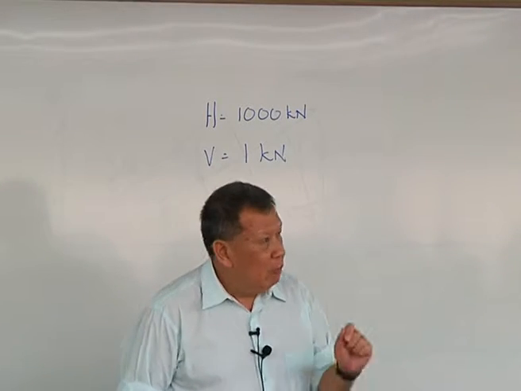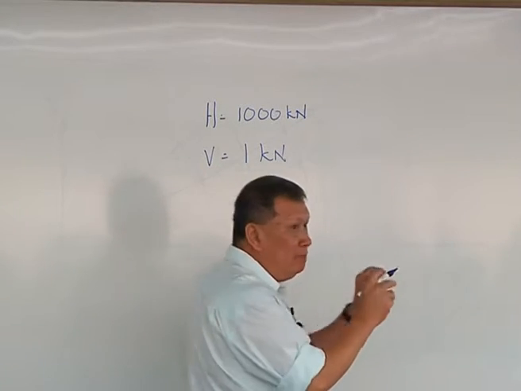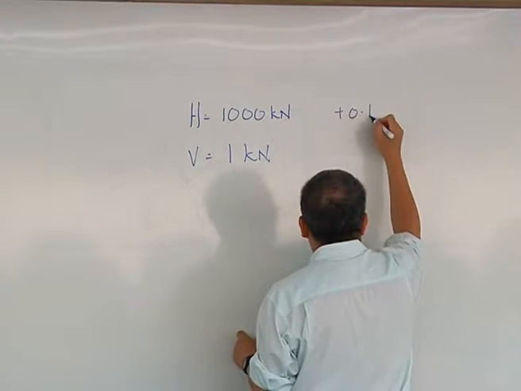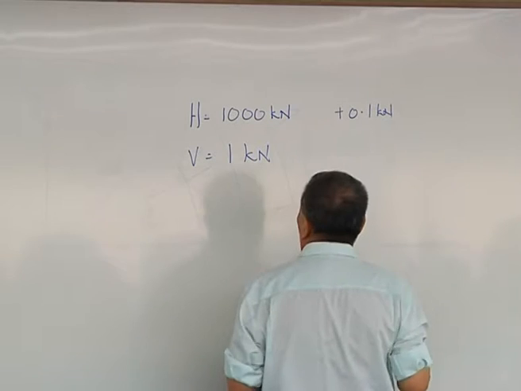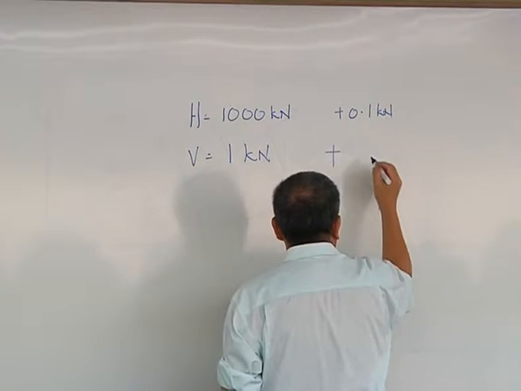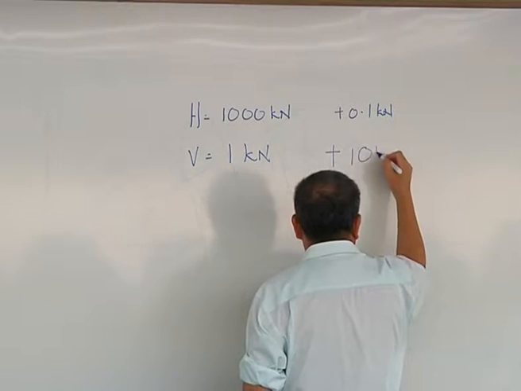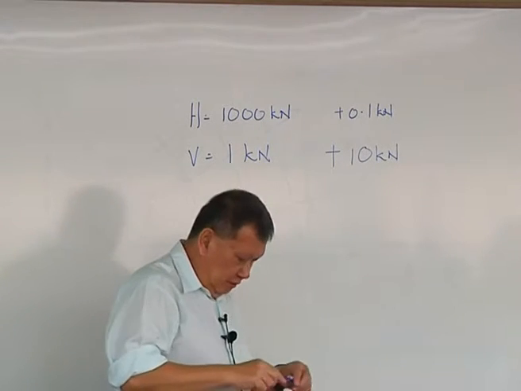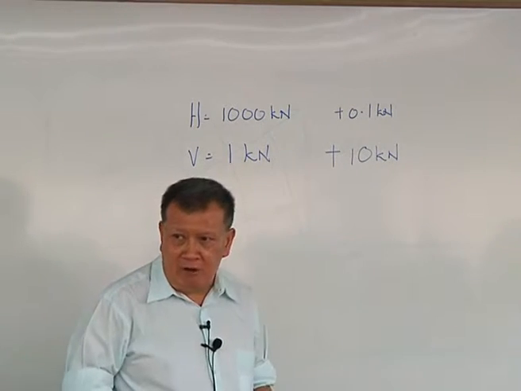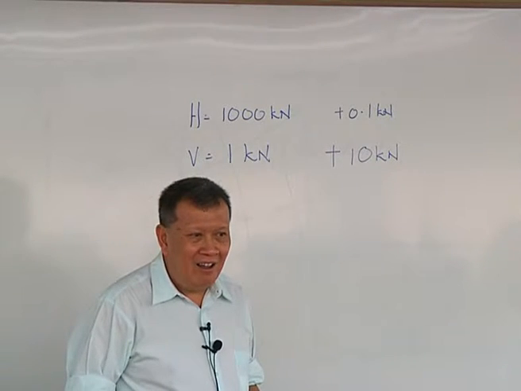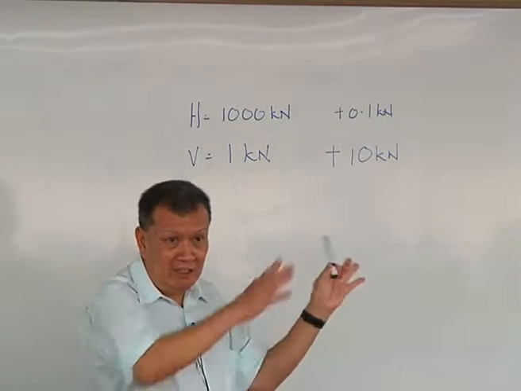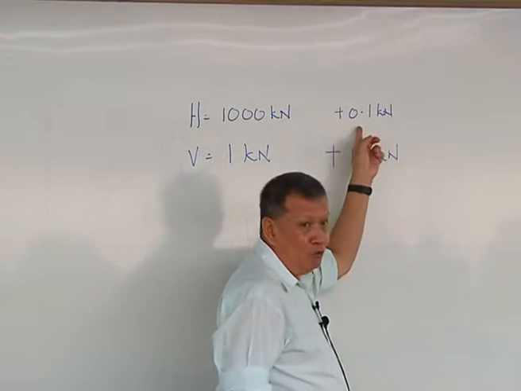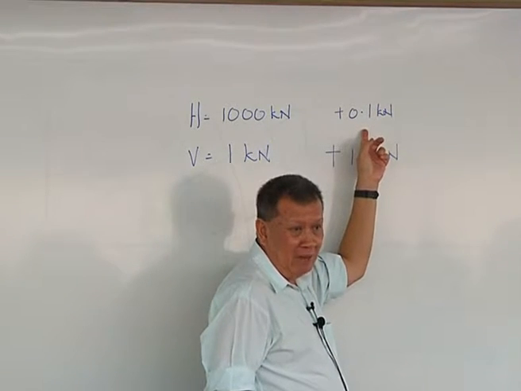and we add an increment in H of about 0.1 kilonewton. Whereas for V, I add a lot more, another 10 kilonewton. The question is, which mechanism are you likely to set off? The first mechanism, the sway. Because this is the last straw that broke the camel's back.